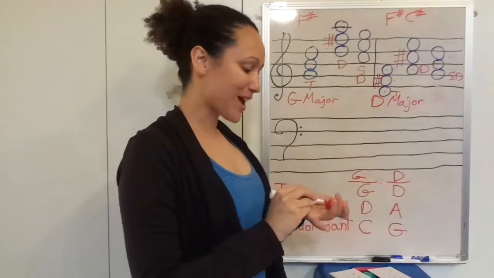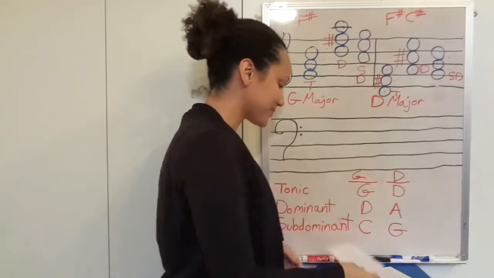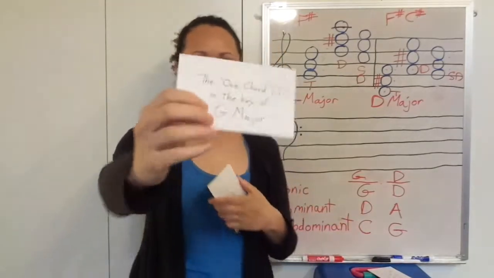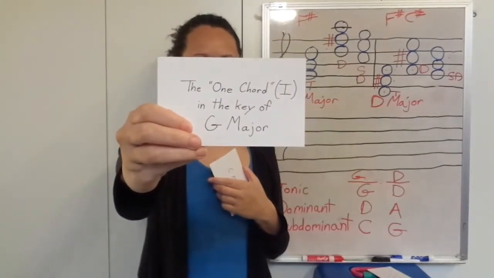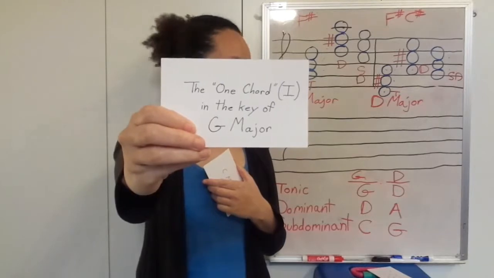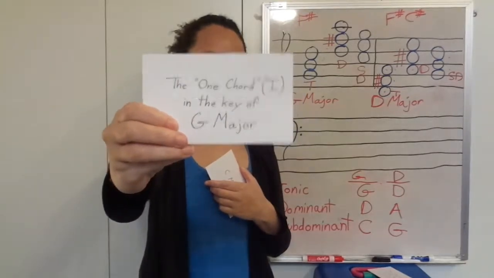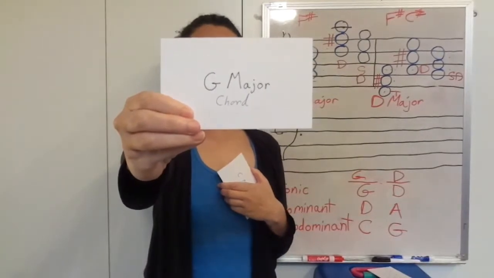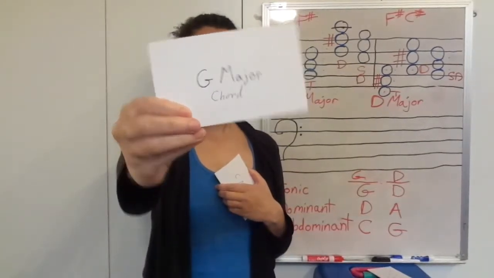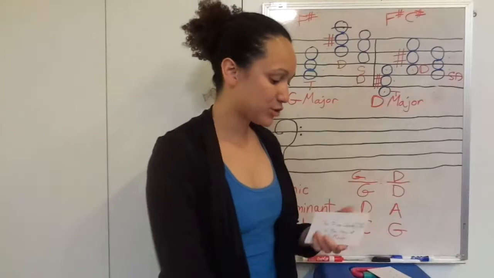Okay, take out your flashcards for your practice pile. On 1, put the 1 chord, Roman numeral I, capital I, key of G major, and then put G major. G major chord.